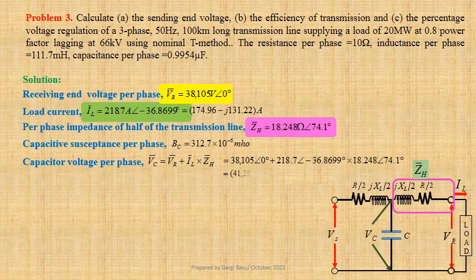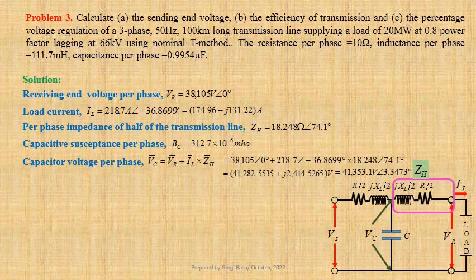That gives us 41,282.5535 plus J times 2,414.5265 volt. This may be written in polar form as 41,353.1 volt at an angle 3.3473 degree.